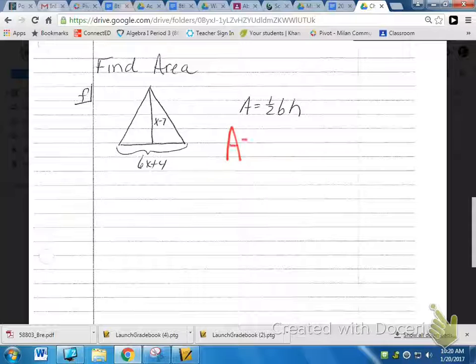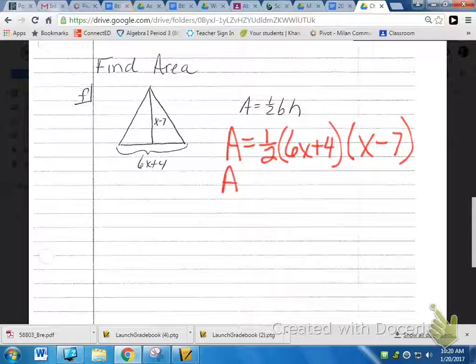So the area of this triangle would be 1/2. The base would be 6x plus 4. The height, what's the height? x minus 7. So binomial times binomial, we're going to use what? FOIL.